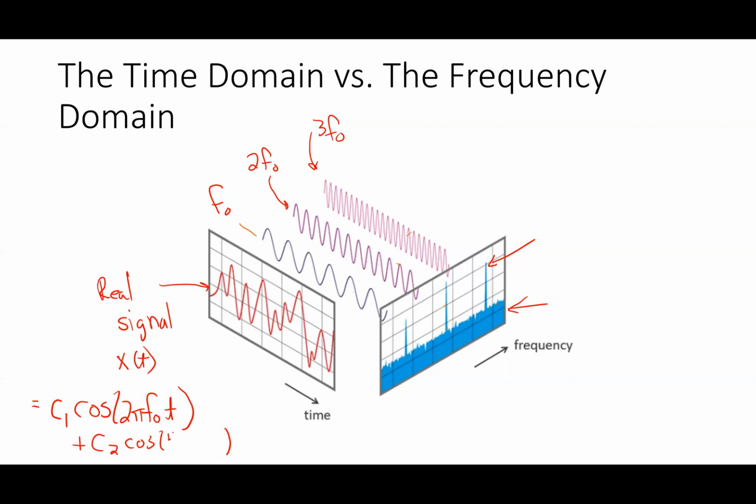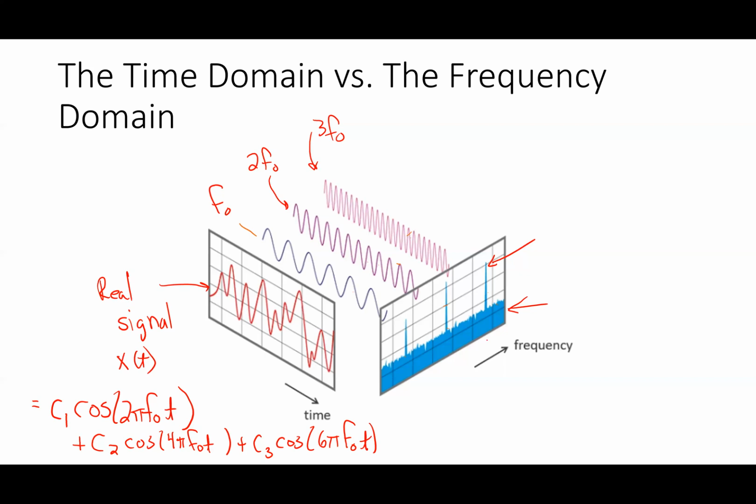It would be 2 times that, right? So 4 pi f naught t. And then some other one would be c3 cosine 6 pi f naught t. And there might be a phase shift I'm neglecting, but the basic idea is that those waveforms are harmonically related to each other.